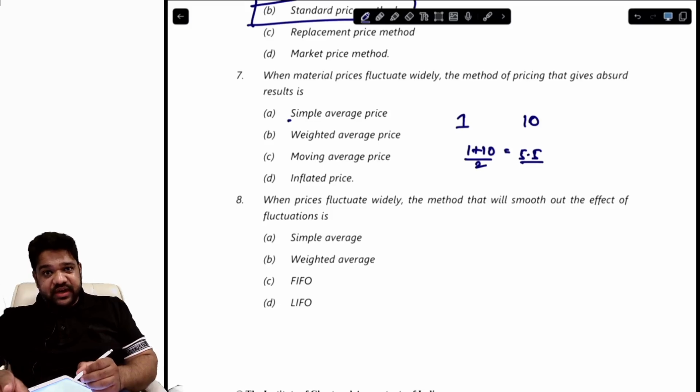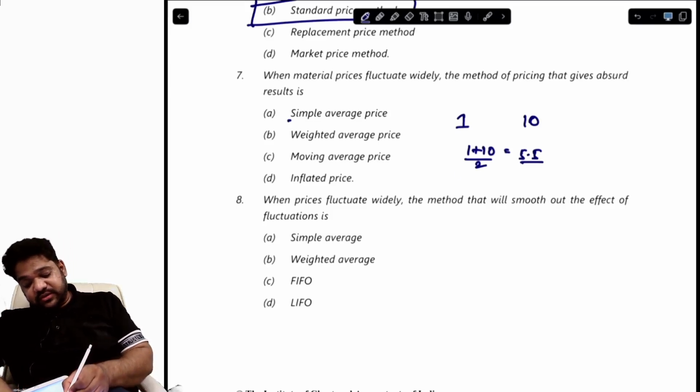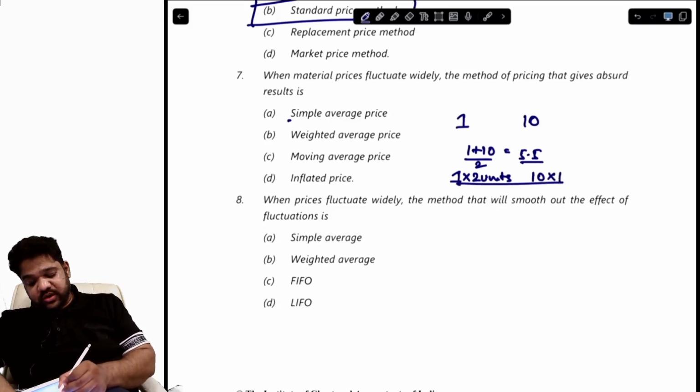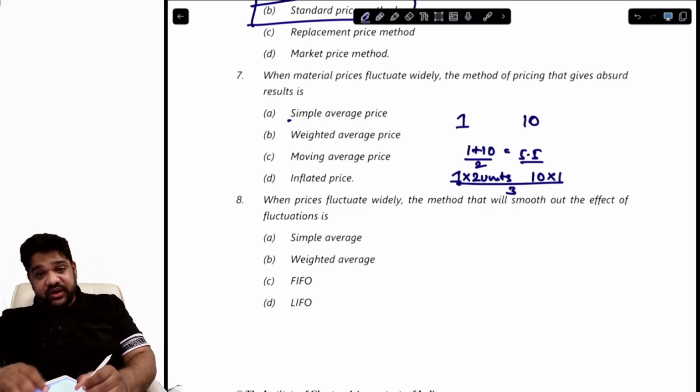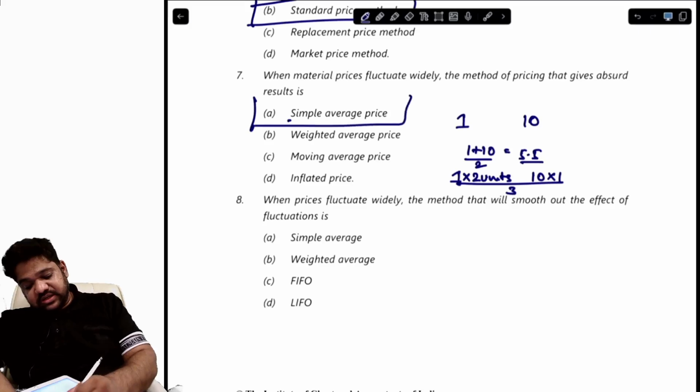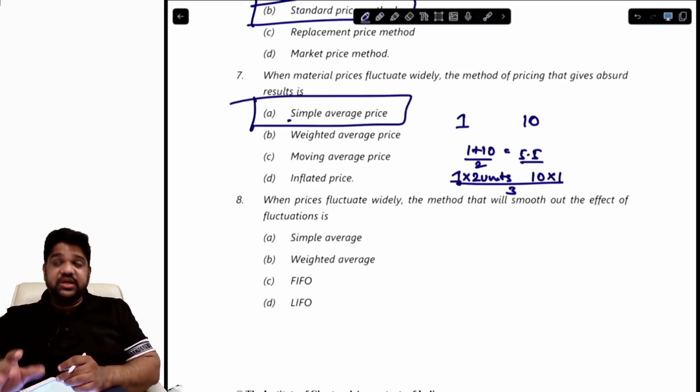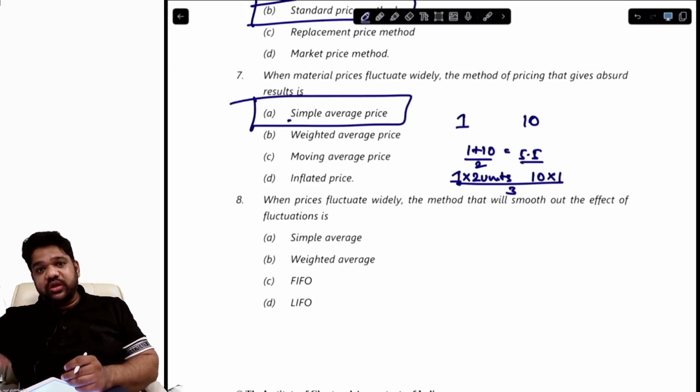But what does a weighted average do? Weighted average will say you got 1 unit at 1 rupee, let's say you got 2 units over here, and here you got 1 unit at 10 rupees, and it will average it out. So what gives you absurd prices is the simple average and not the weighted average. Weighted average will give you a smoother price.